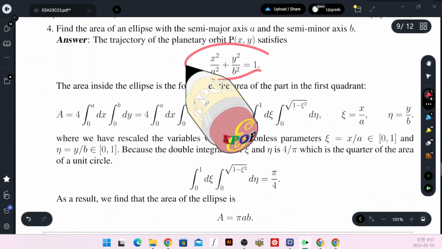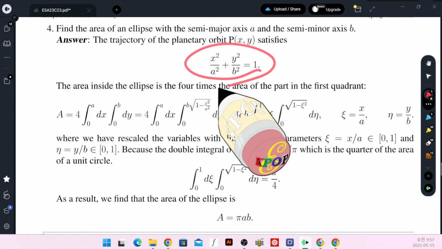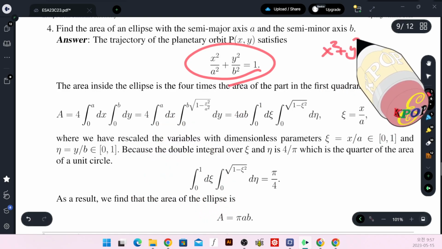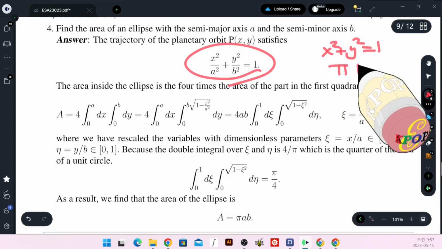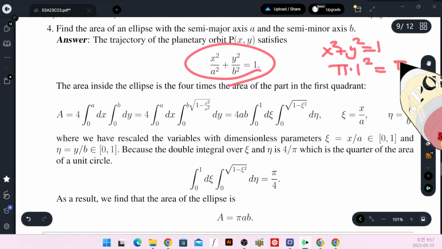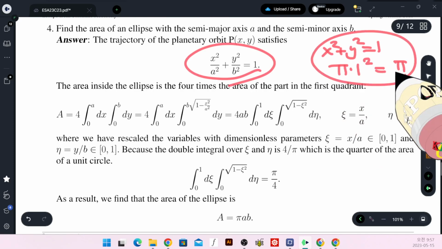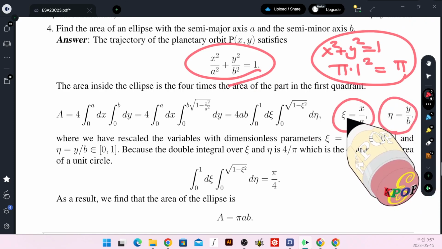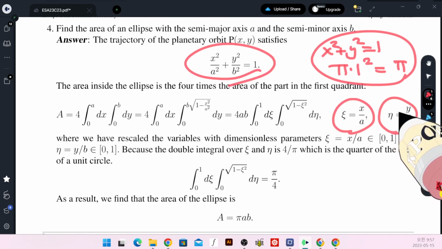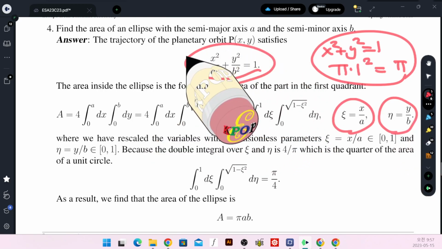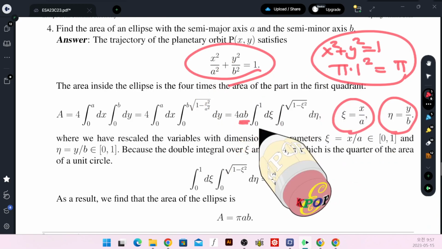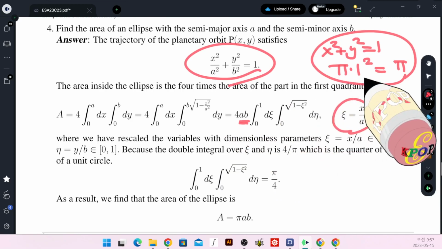Next, we consider how to compute the area of an ellipse. It is trivial if you make use of the fact that a unit circle has the area pi times 1 squared, that is pi. And actually, if you change the variable from x and y to xi and eta, you will find the area of this ellipse can be scaled with a times b multiplied by the area of a unit circle.